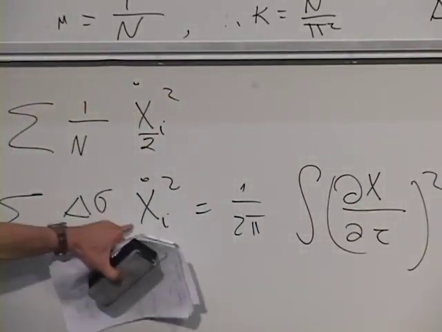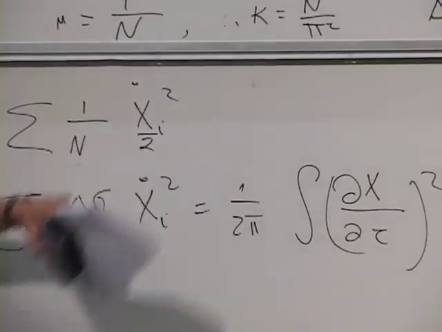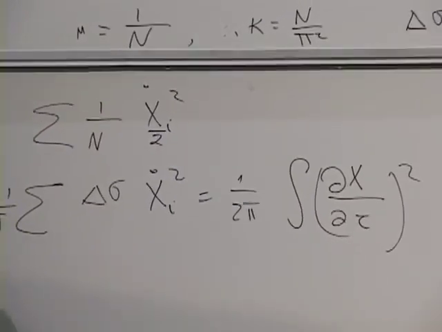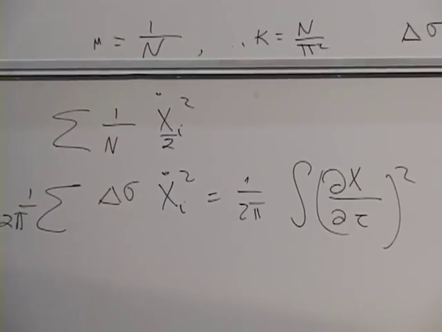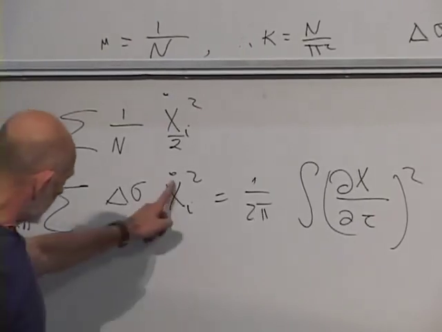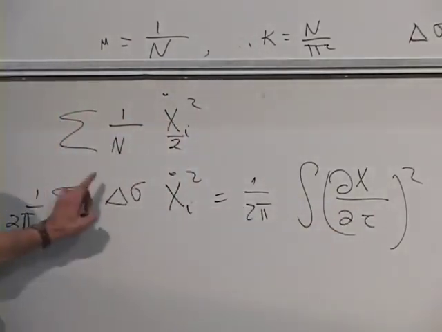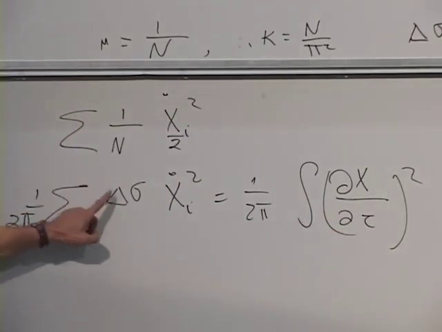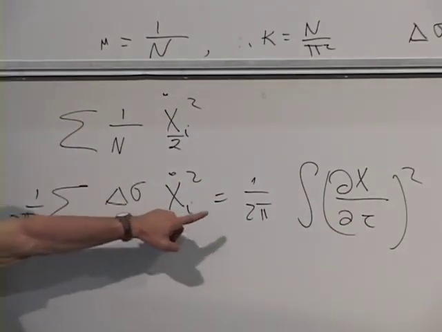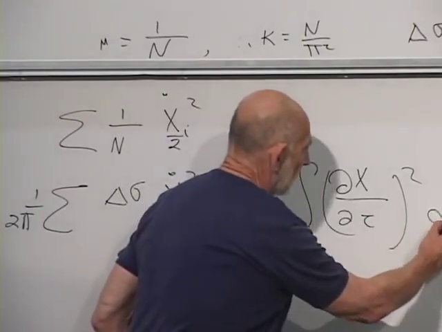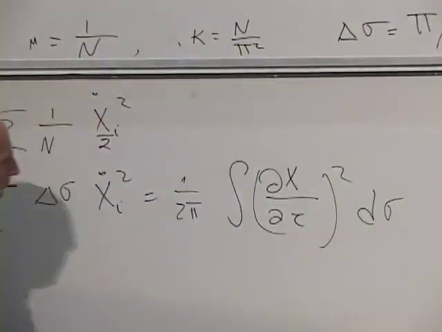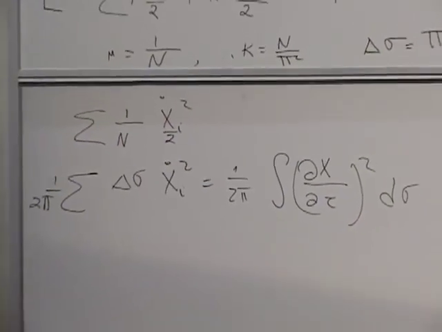Tau is this analog or this time that appears in these light cone or infinite momentum frame physics. X dot means dx dt or dx d tau. Sum over sigma times a function is simply the integral. And where does the integral go from? The integral goes from 0 to pi.